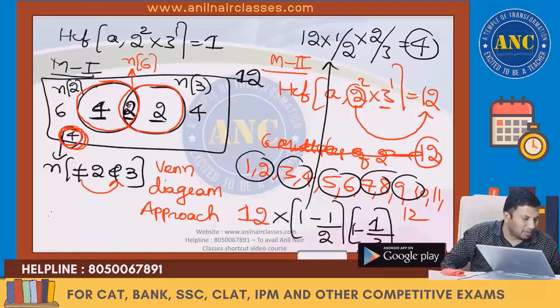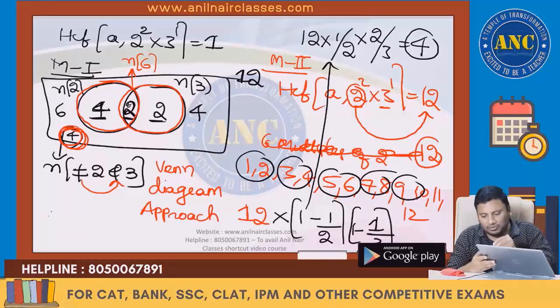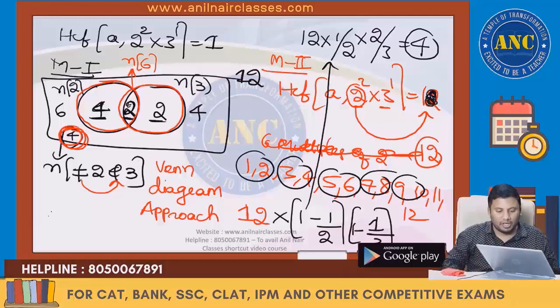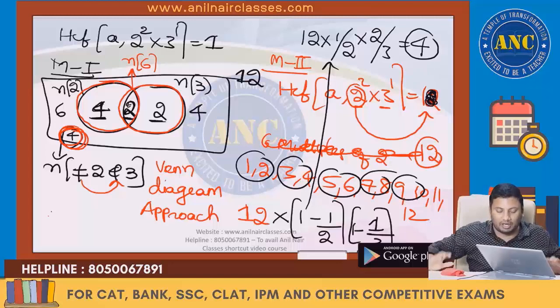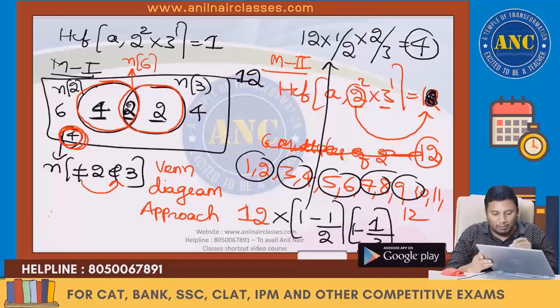For which numbers is the HCF 1? These ones, the HCF is 1. Okay. Now see here, Method 2. I want you to concentrate very carefully. Listen to my explanation. HCF of A comma 12 is 1. A is not divisible by 2.